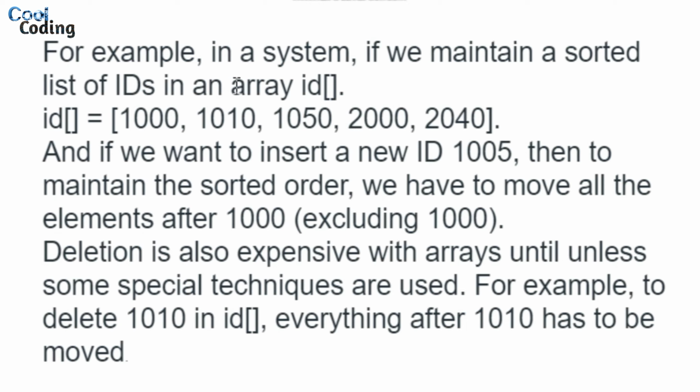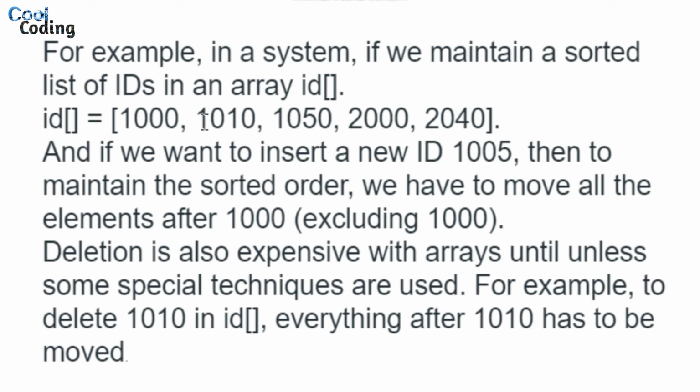For example, here we have an array named id, and the elements are 1000, 1010, 1050, 2000 and 2040. If we want to insert a new id, let's say 1005, in a sorted manner, this 1005 will go in between 1000 and 1010.